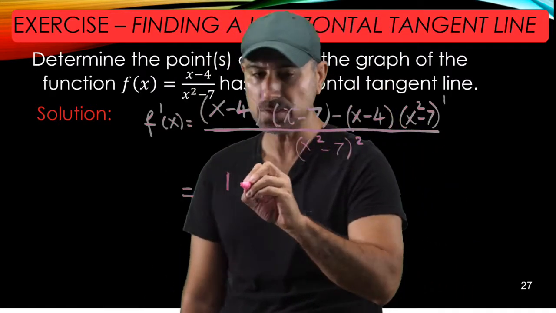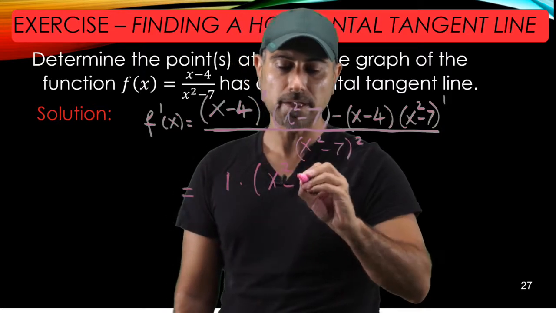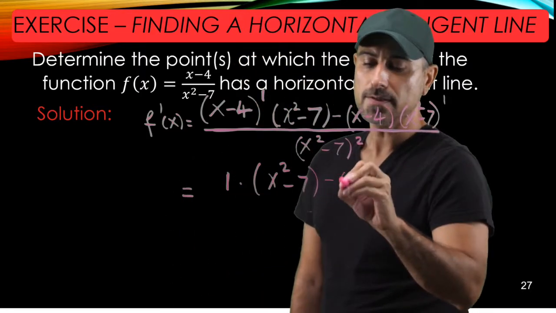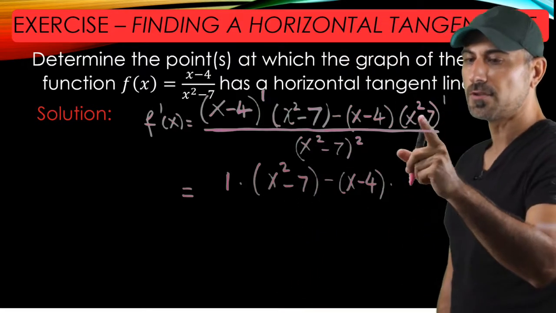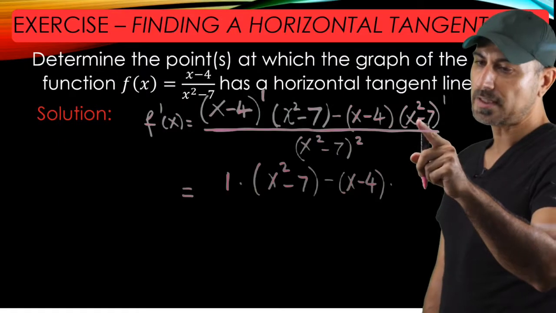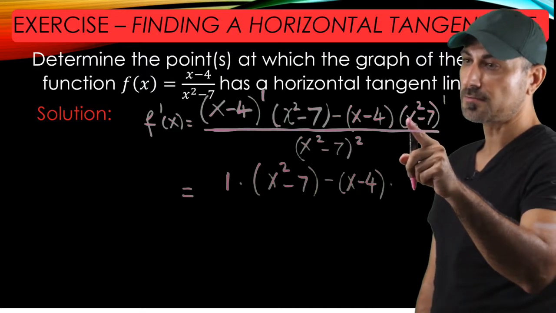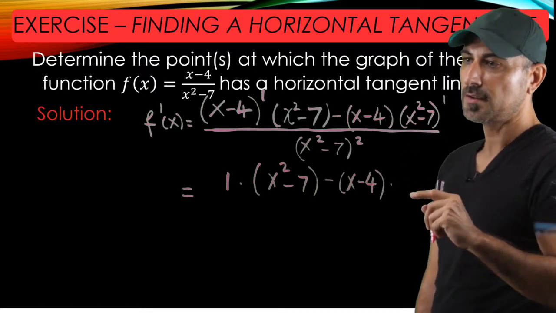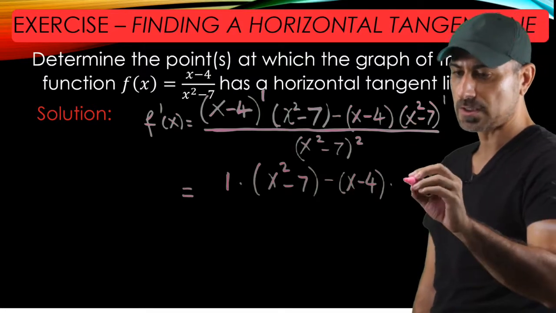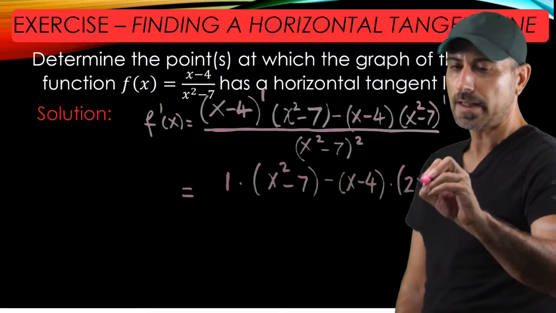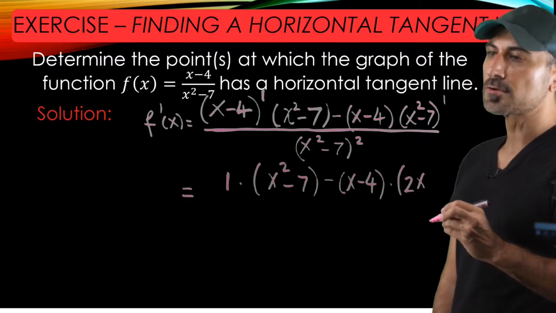So 1 times x squared minus 7, minus x minus 4 times the derivative of this difference here. It's going to be the difference of the derivatives of each piece. X squared gives the derivative 2x by using the power rule. And then 7 is a constant, the derivative of that is 0.